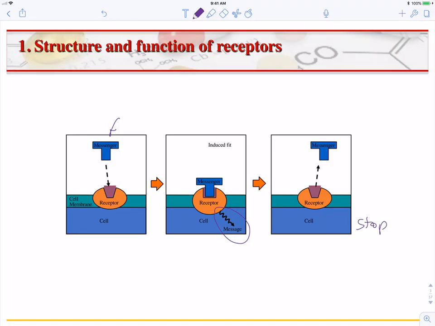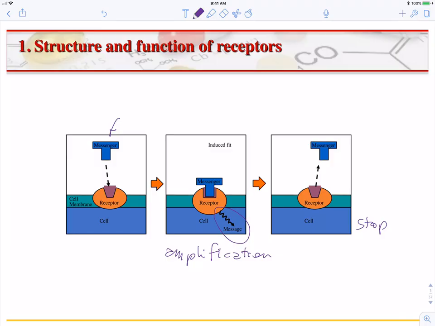So one important thing to know about receptors is that, in general, this step in which the messenger results in a message being transmitted intracellularly amplifies the signal. In other words, binding of one molecule typically results in a downstream cascade intracellularly that is multi-molecular.